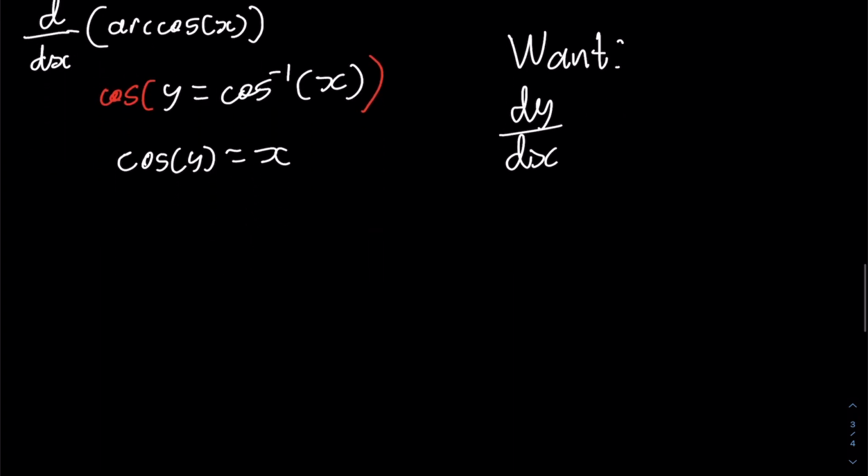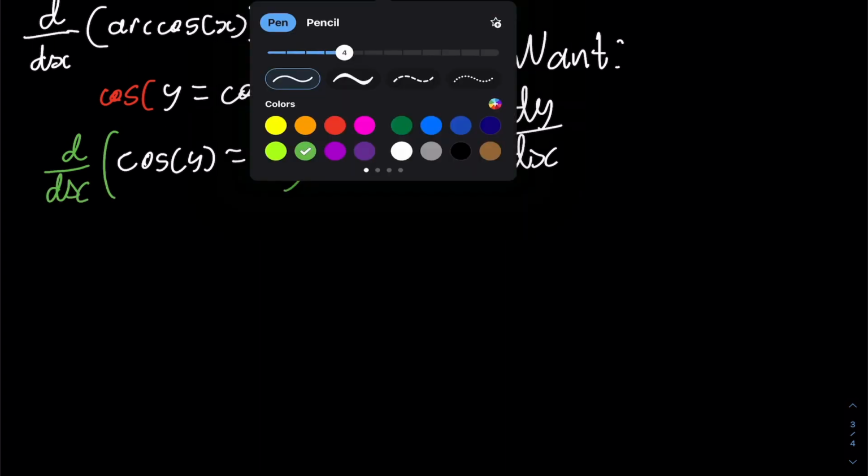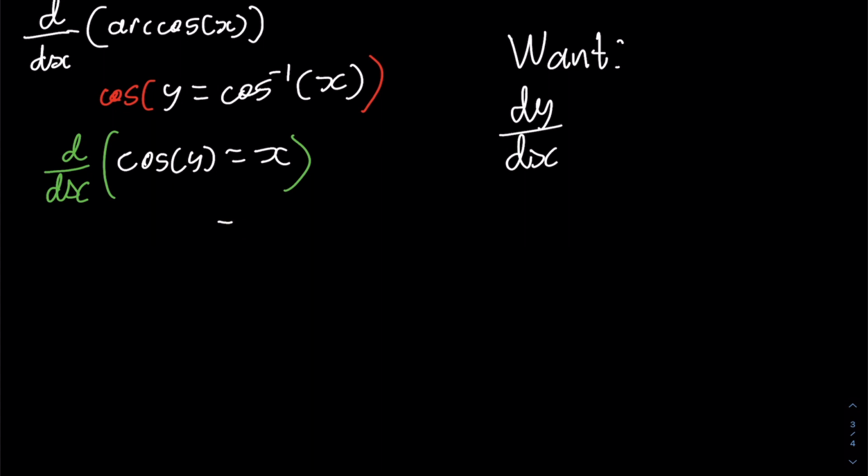So now what we can do safely is take d by dx on both sides, like so, and taking the derivative of, let's just do the right hand side because it's easier, the derivative of x with respect to x is just 1. Now taking the derivative of cosine of y, because y is not a constant, y is another function of x, we have a function inside of a function, and that calls for the chain rule.